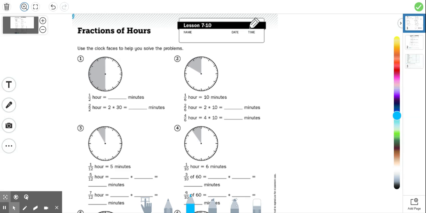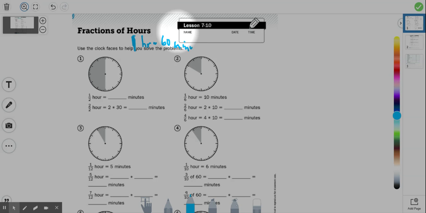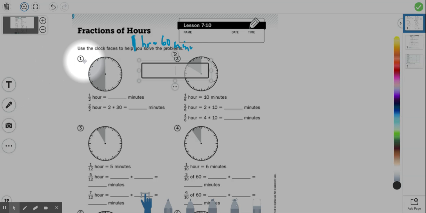So 1 hour is 60 minutes. So that's pretty important to know. 1 hour, not 11 hours. 1 hour equals 60 minutes. I'm just going to do some typing here. 1 hour equals 60 minutes.